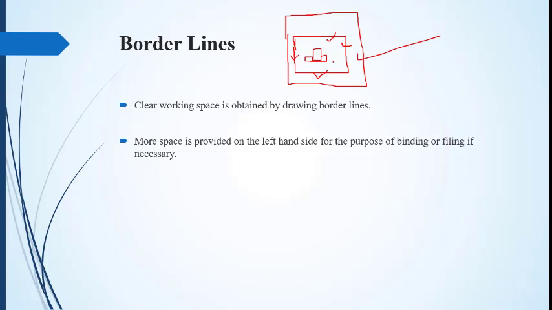Now you can see that here is a clear working space provided for drawing. More space is provided on the left hand side for the purpose of binding or filing if necessary. This statement says that, for example, if we have a sheet like this and I want to draw border lines around it, you can see I am drawing a line here, then on this side, to the right side, and to the bottom side of the sheet.